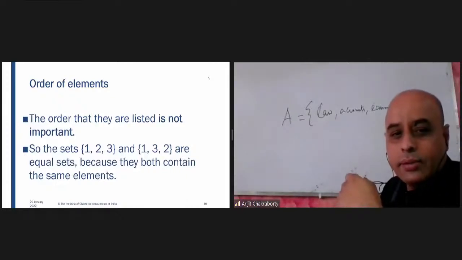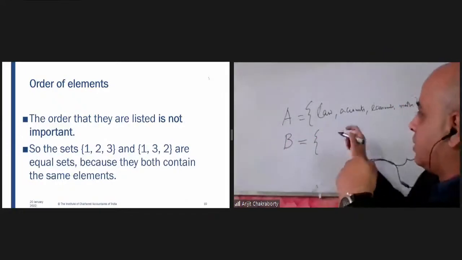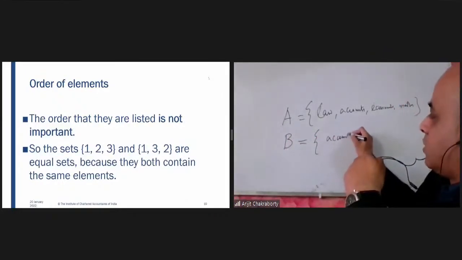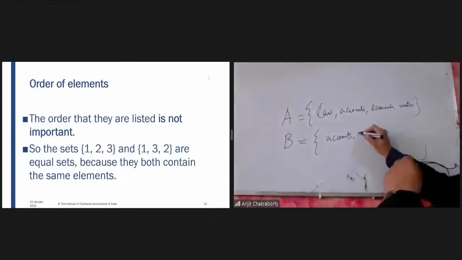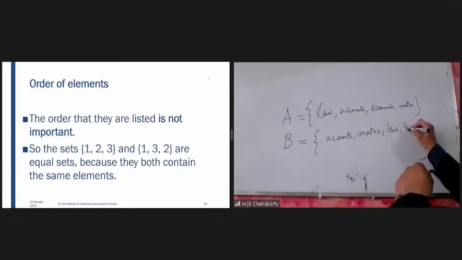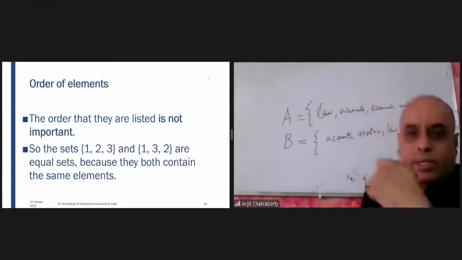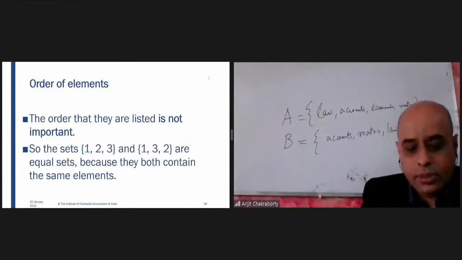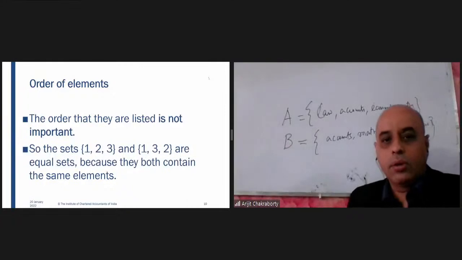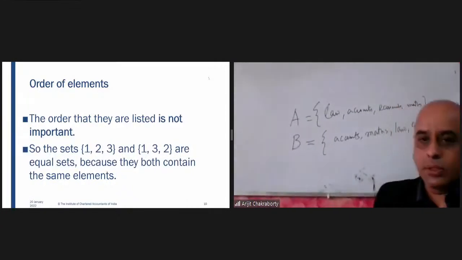If I write set B like this, accounts first, then maths, then law, and then economics, will this be the same or different? Please note, in set theory, the order of listing is not important.